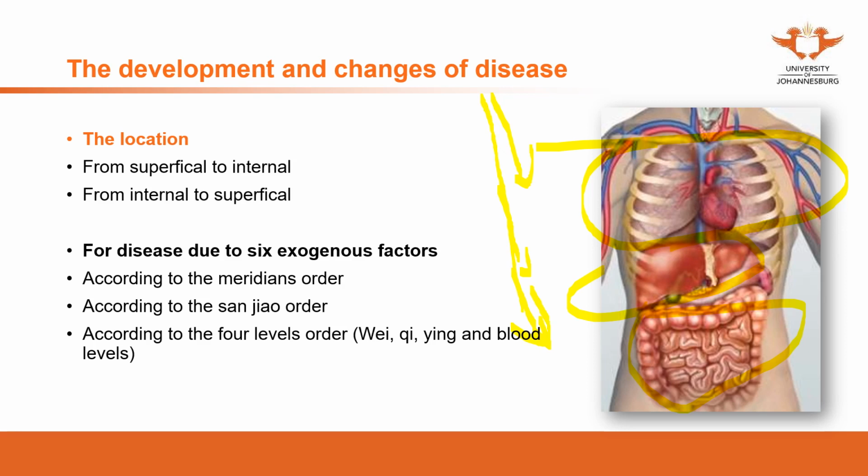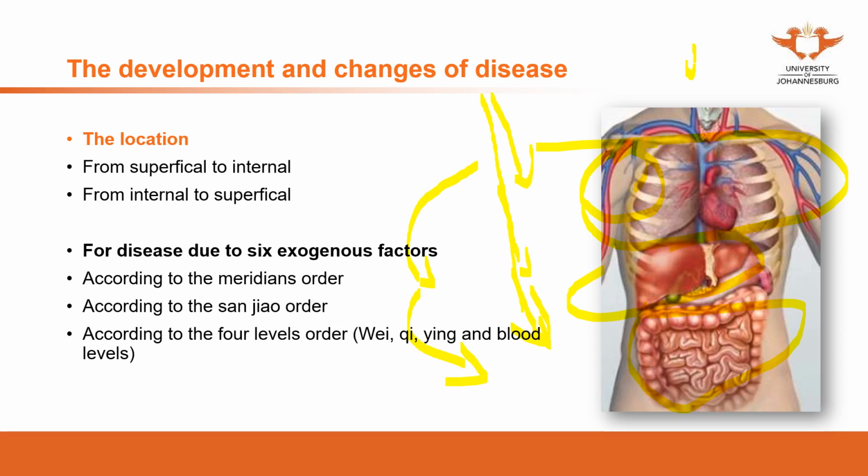So firstly, the patient has a lung problem, cough, runny nose because the lung opens in the nose, and fever, aversion to cold. After a few days, the patient loses appetite and then gets diarrhea or constipation.